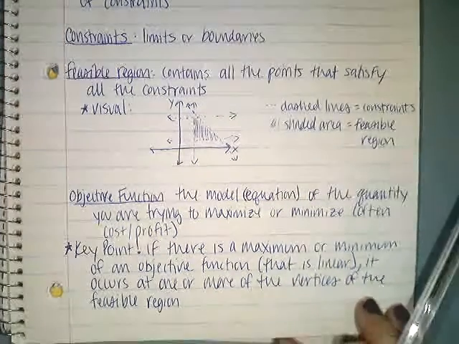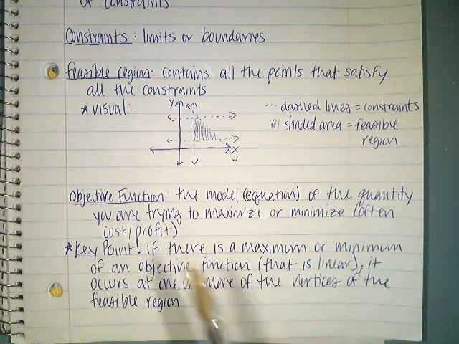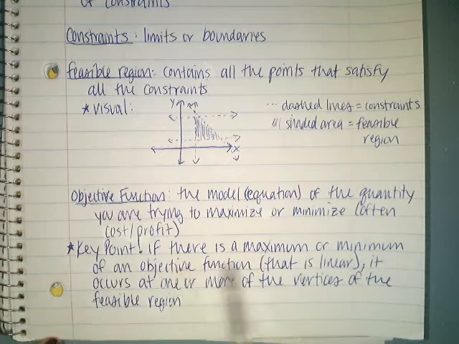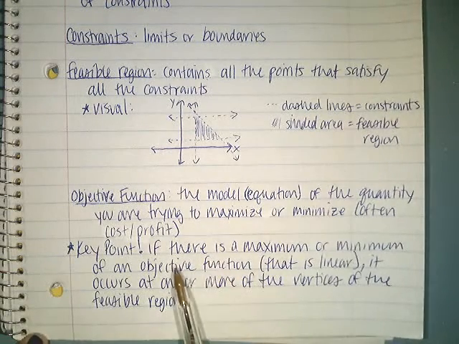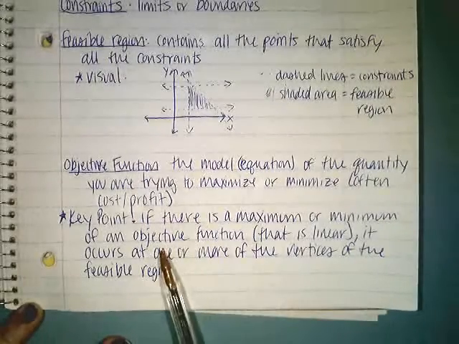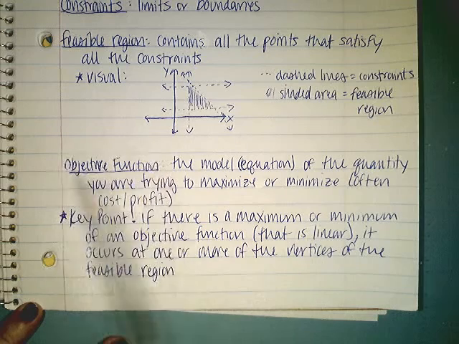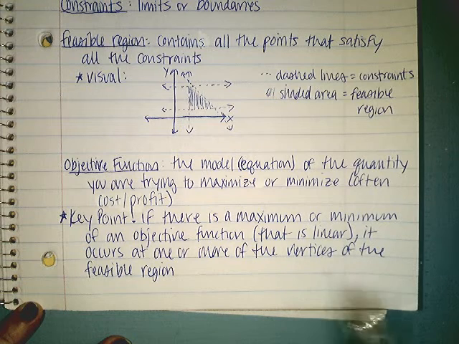I'm giving you sort of the overview of how we're going to approach these problems and front loading a lot of the vocab and information. But what we're going to do is graph our constraints and create our feasible region. Then one of the key things for today's lesson is that the maximum or minimum value for our objective function is going to occur at one of the vertices, or corners or intersections, however you want to think of that, of the feasible region.